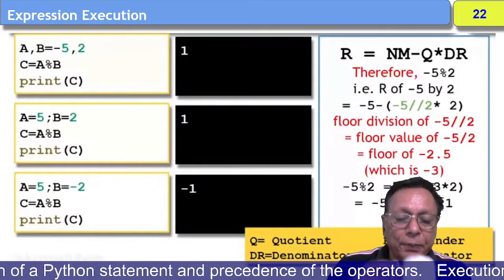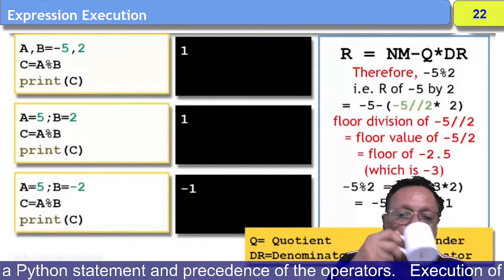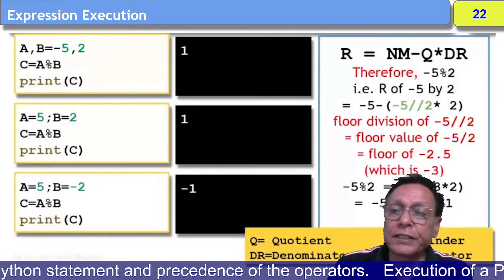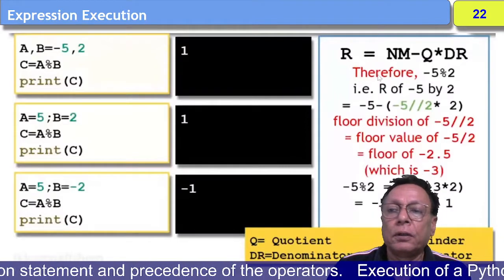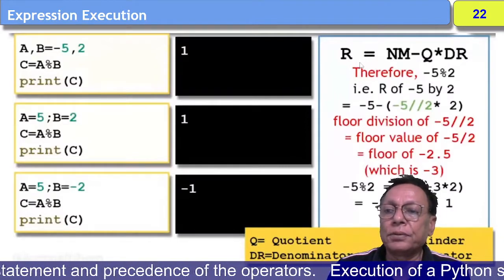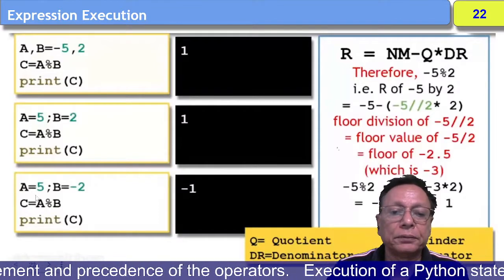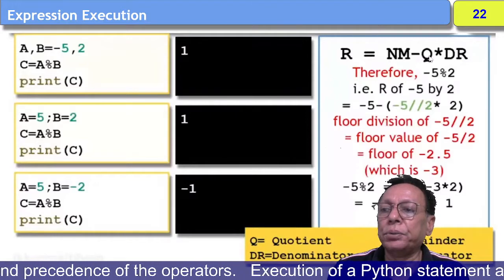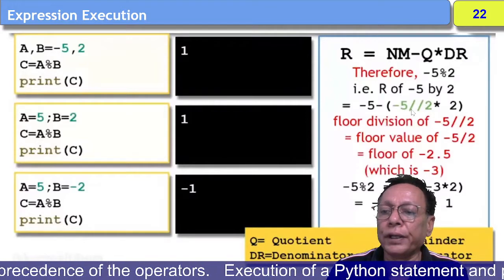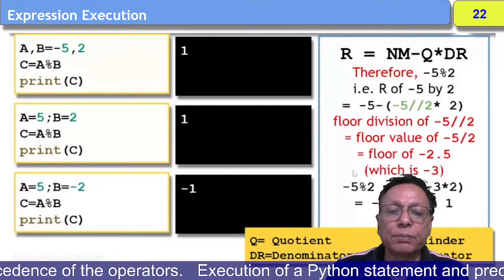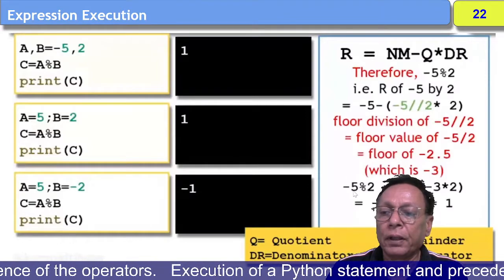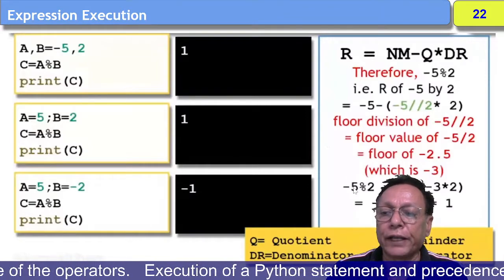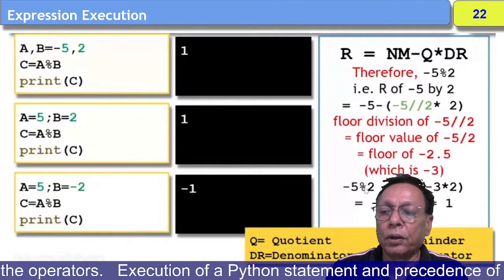So again, I would suggest that you fill the values of this relation here. R is equal to Nm minus Q into dr. So over here, A is positive, that is 5 modulo -2.